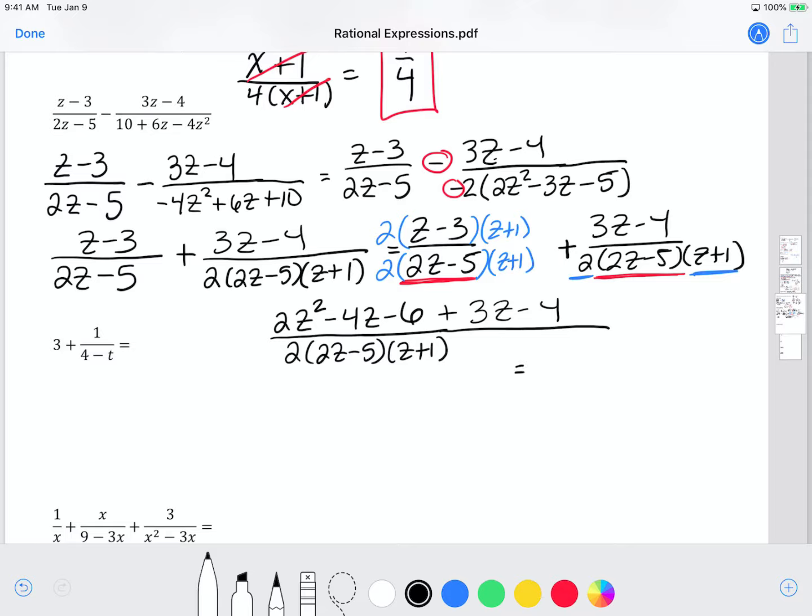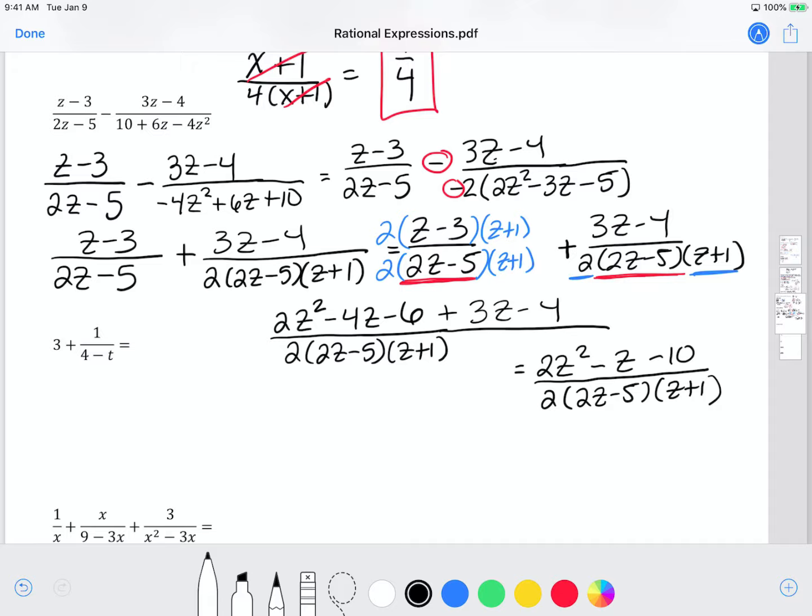So if I combine like terms, I have 2z squared. I have a negative 4z and a positive 3z, so that gives me a negative 1z. And I have a minus 6 and a minus 4, that gives me a negative 10. And that's all over my common denominator of 2 times 2z minus 5 times z plus 1.